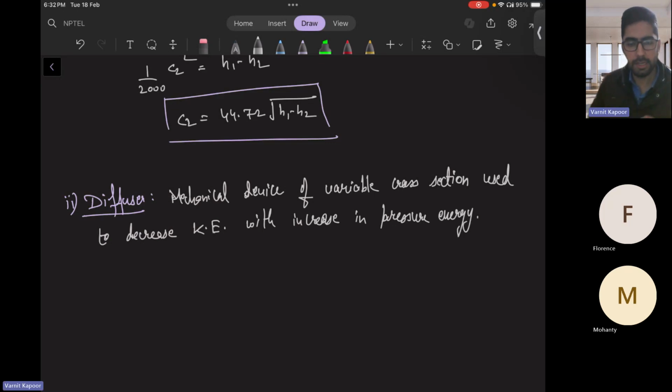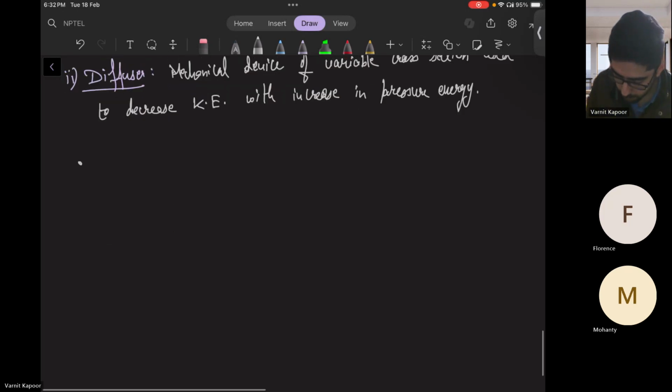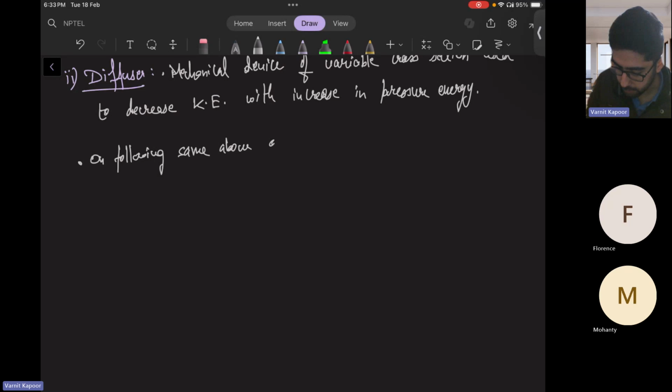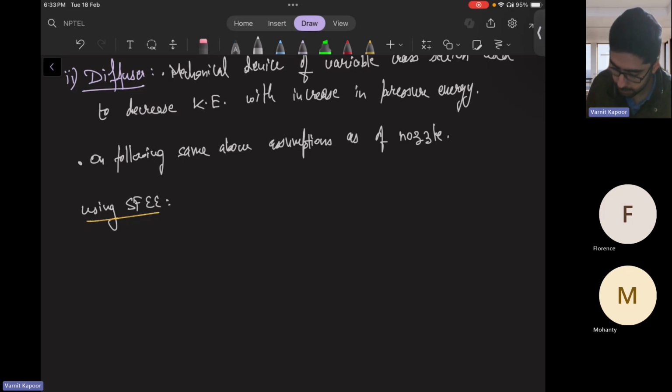If you follow the same assumptions as above, the same assumptions as for the nozzle, and now use SFEE, what will you get?